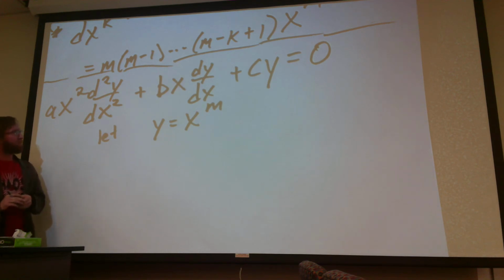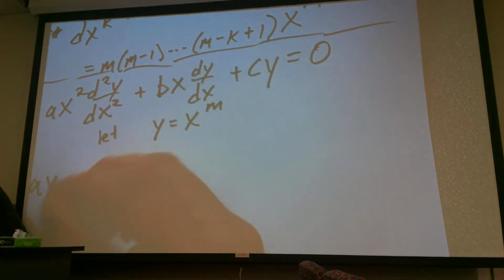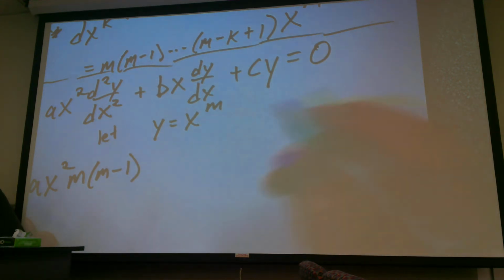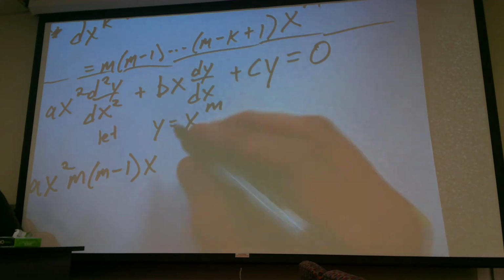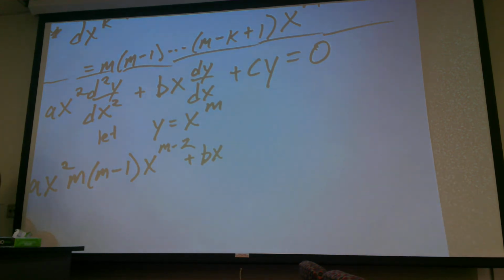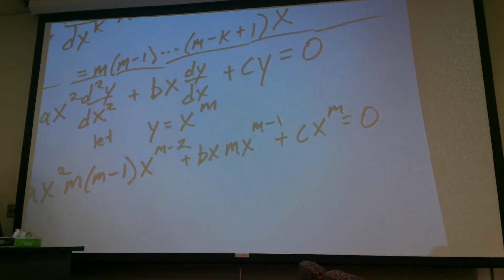Okay, so if y equals x to the m, then the second derivative is m times m minus 1 times x to the m minus 2, plus bx times the first derivative of x to the m, which is just mx to the m minus 1, plus c times x to the m, which equals 0.